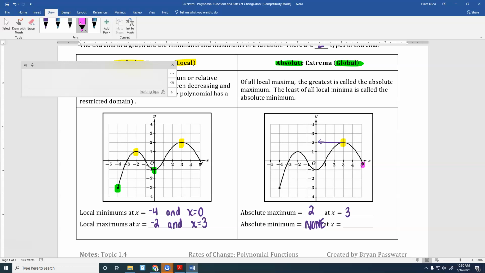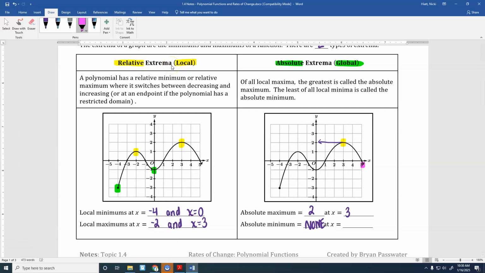So absolute means it's the very, very, very lowest point on the graph. It can still be a relative or a local minimum because it is lower than the points around it. But whenever you have arrows on the end of your graph, that is usually going to keep you from having at least one of them.